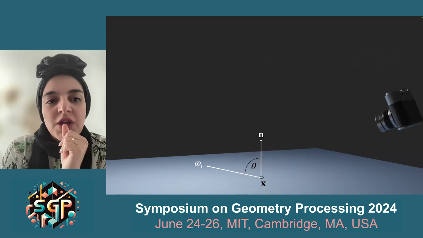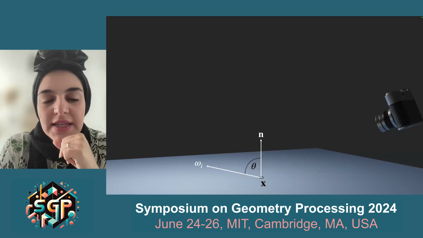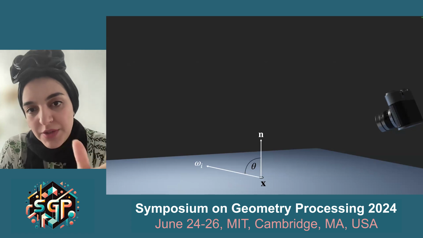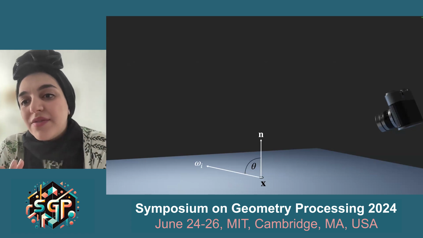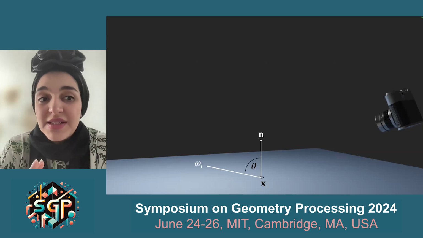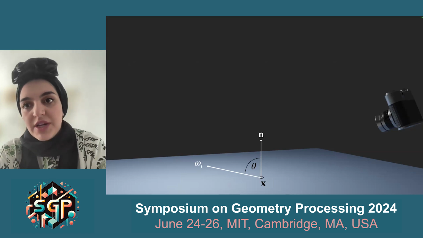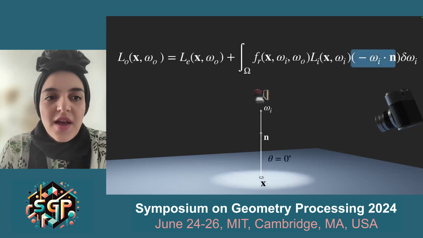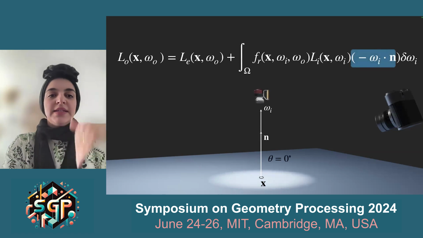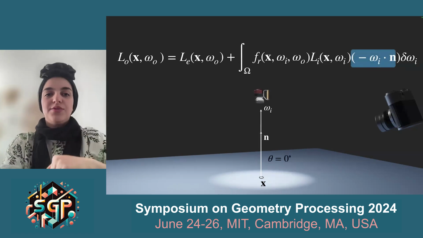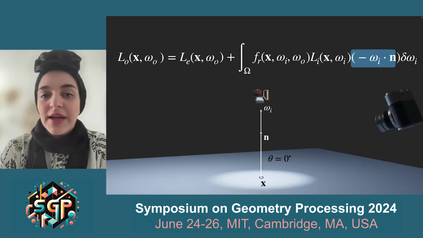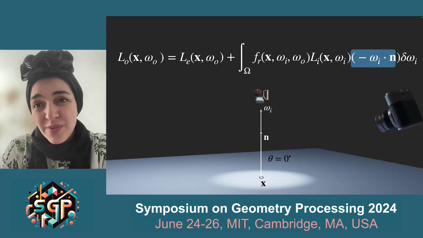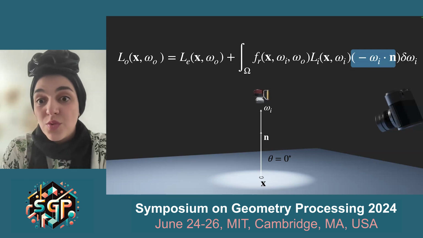So remember, the dot product of two vectors is the cosine of the angle between them. So this term here is really just a way of getting Lambert's cosine law into the equation. If this incident light is completely parallel to the surface normal, then the angle between the normal and the incoming direction is 0. So that cosine term becomes 1.